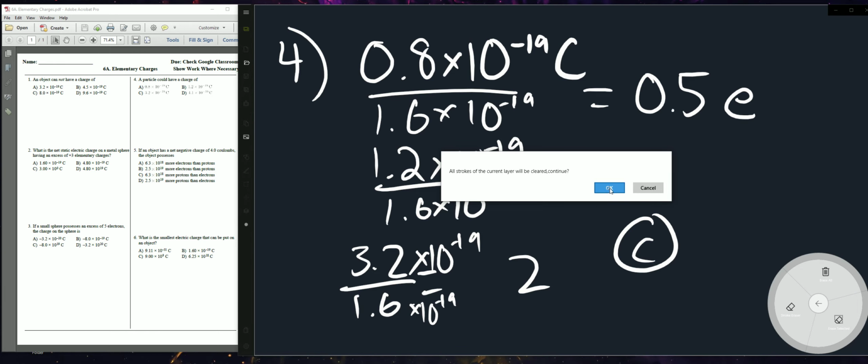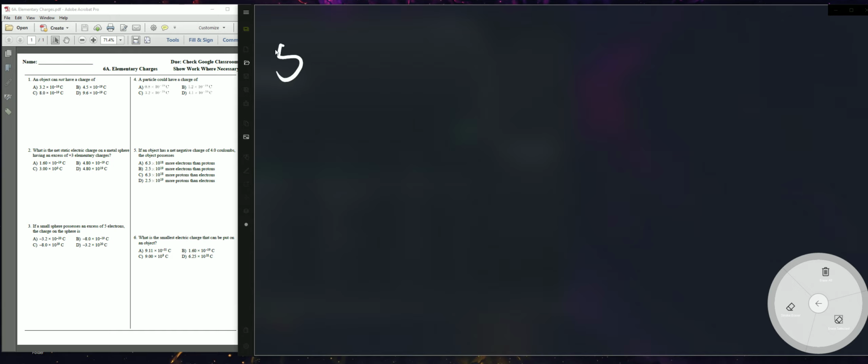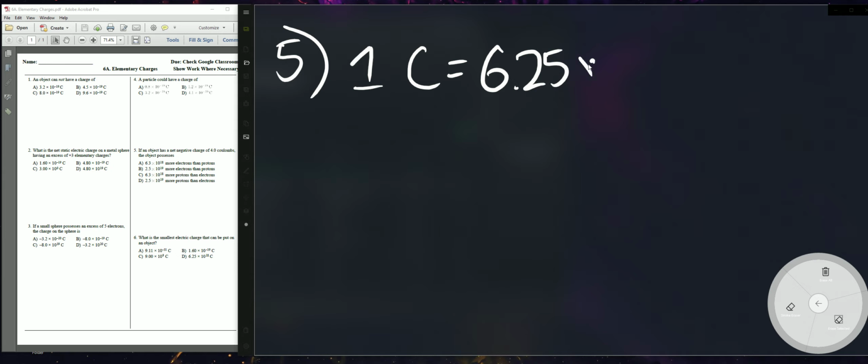Number 5. If an object has a negative charge of 4 coulombs, the object possesses what? We know that 1 coulomb of charge, and this is on the first page of your reference table, has 6.25 times 10 to the 18 elementary charges.